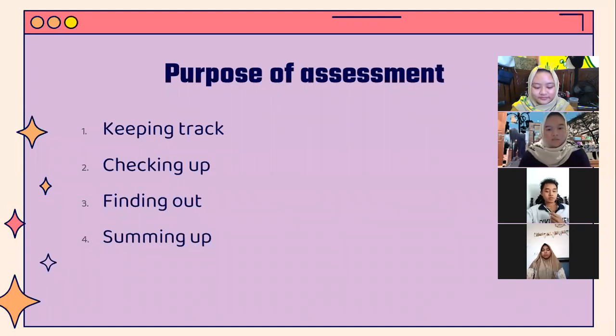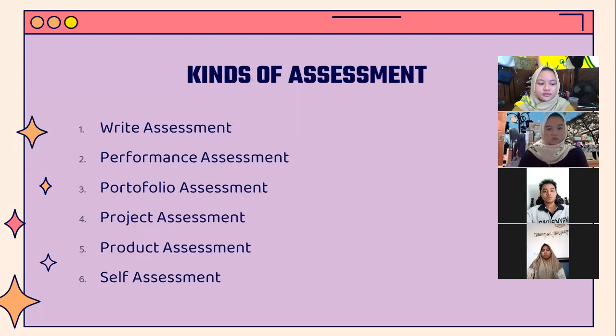Fourth, finding out, which is to find and detect deficiencies, errors, or weaknesses of students in the learning process so teachers can quickly find an alternative solution. And the last one is summing up, which is to conclude the level of mastery of students against predetermined competencies. That's all for the purpose of assessment.